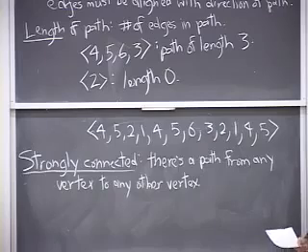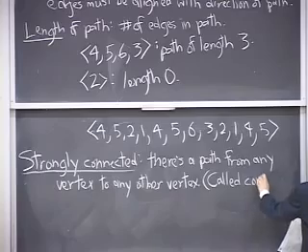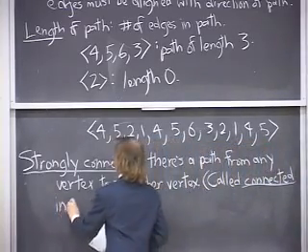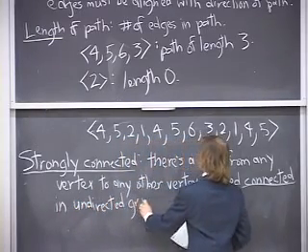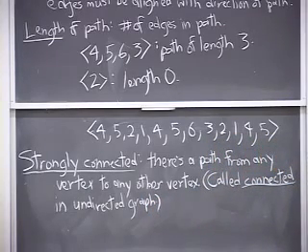Now, in undirected graphs, this is usually just called connected. The reason why in a directed graph they add this extra word, strongly connected, is just to remind you that there have to be paths in both directions. So it's not enough to just have a path going from U to V. There also has to be a path going back from V to U if a graph is going to be considered strongly connected.